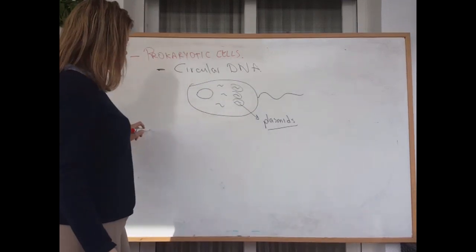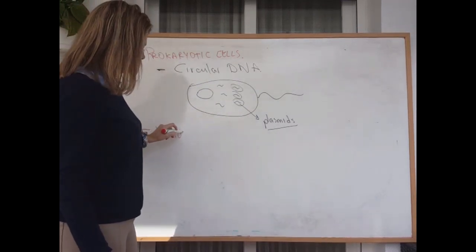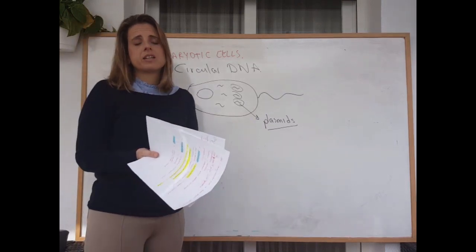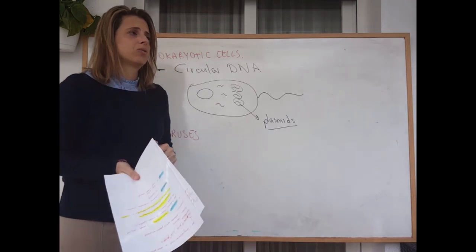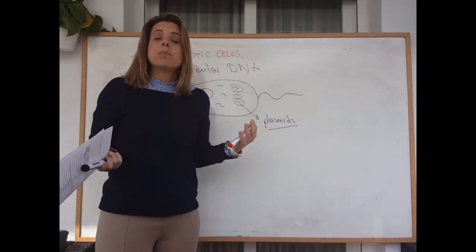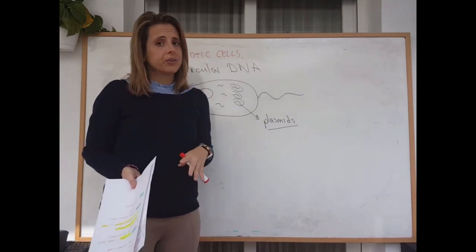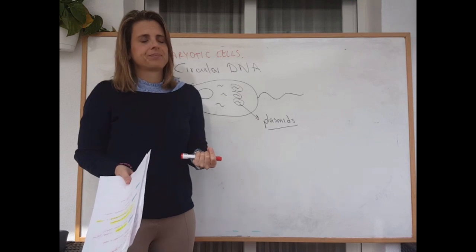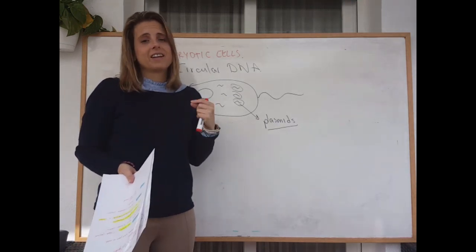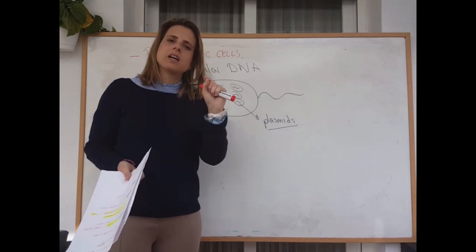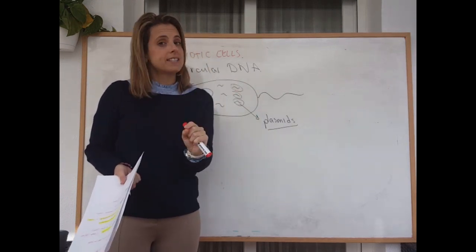So this is the main thing of prokaryotic cells, and the other thing is the viruses, right? Viruses, as you know, and they are so fashionable now, are not real cells, but they do have genetic material, and they are parasites. They are very specific for the cell that they are infesting.